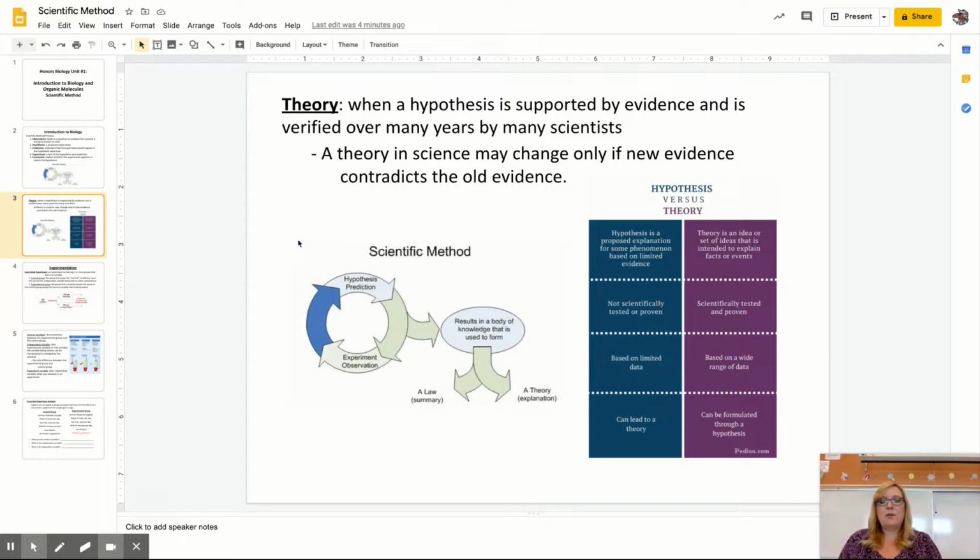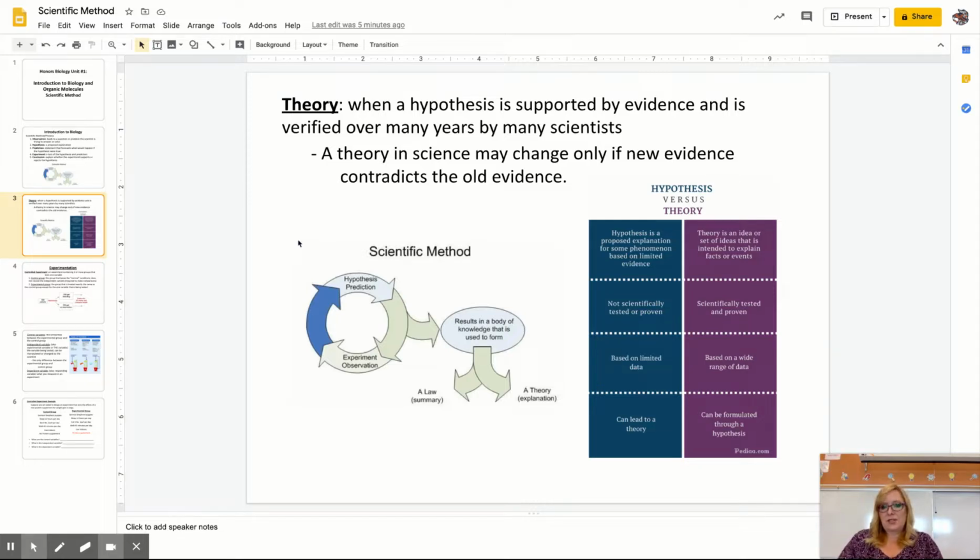One of the scientists will combine all of these journal ideas together and write some sort of nice, pretty, coherent theory. And then that theory, again, after you read that pretty coherent theory, all the scientists agree to it, and then suddenly we're teaching it to you in a textbook.